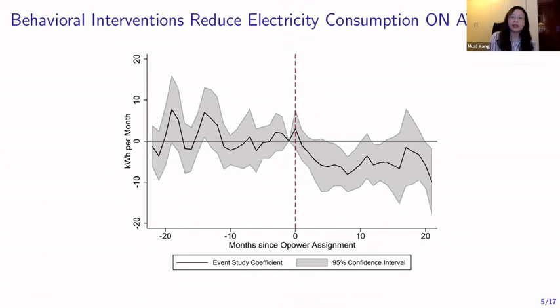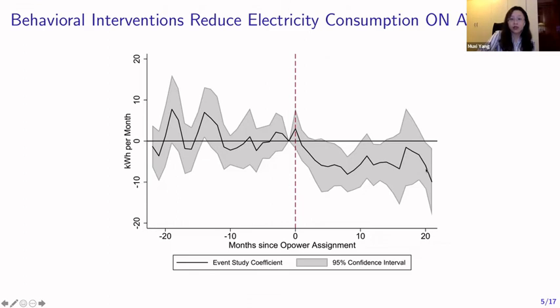This event study figure shows the treatment effect in each month before and after treatment assignment, controlling for observable household characteristics and also month by wave fixed effects. We can see that after the initial report, households reduced energy consumption, in particular electricity consumption, by about 1.2%, and this effect is persistent over time.